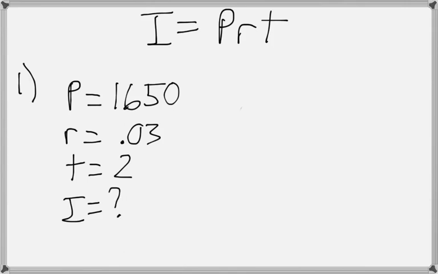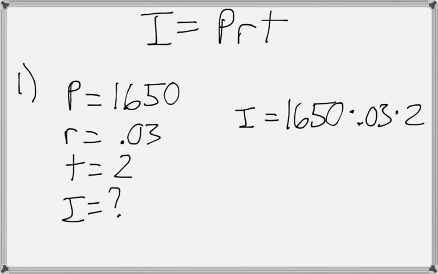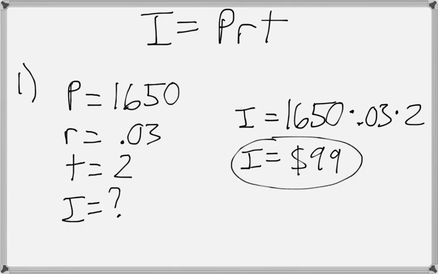So my equation is I is equal to 1650 times 0.03 times 2. So if you take those and multiply them, then you get 99. So the interest would be $99.